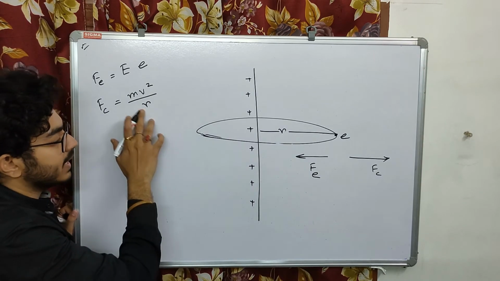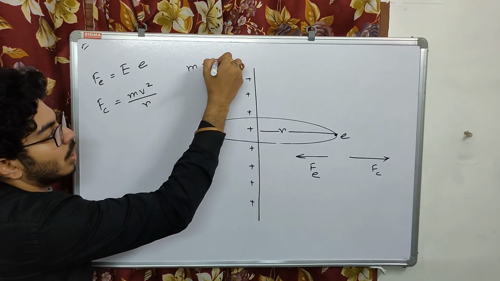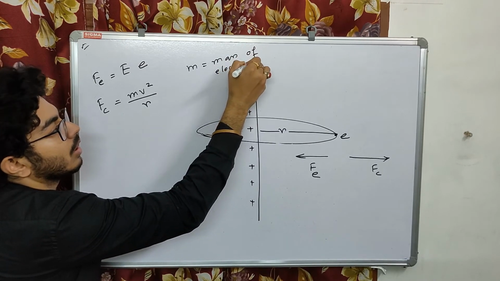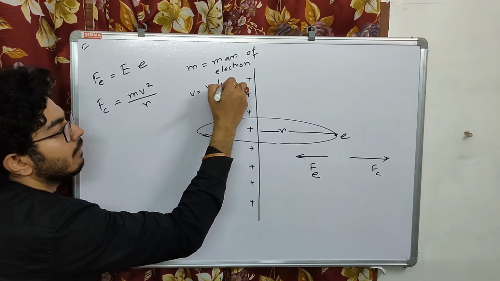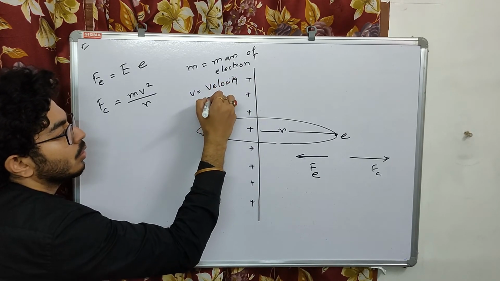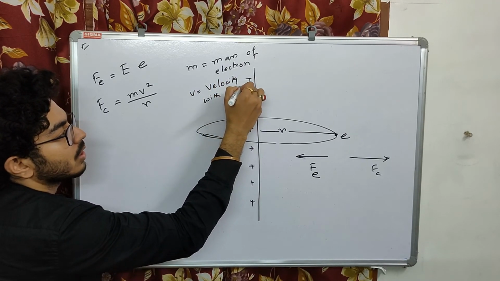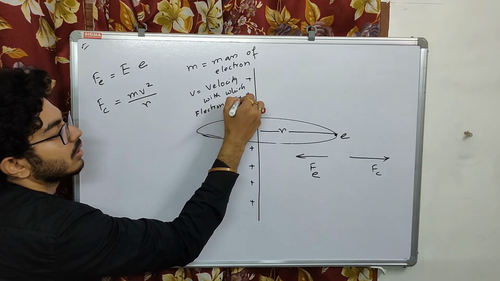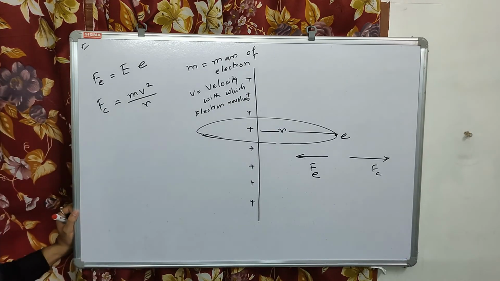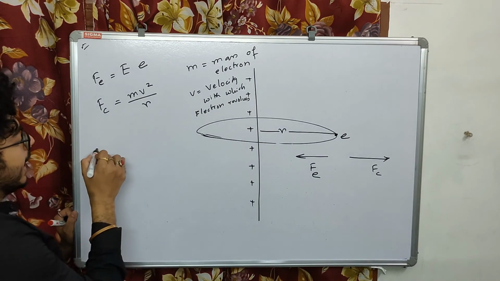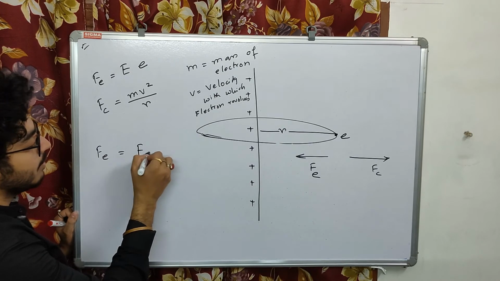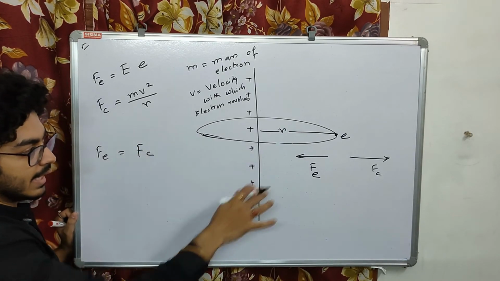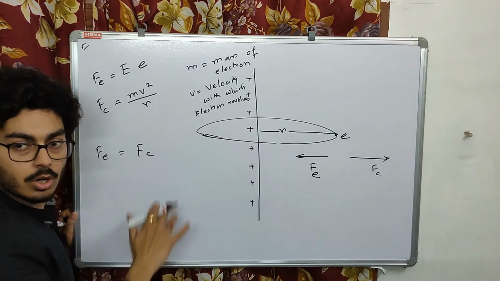What is m? m is the mass of the electron, and v is the velocity with which the electron revolves. So Fe should equal Fc. Then only can the electron revolve in the orbit, right?